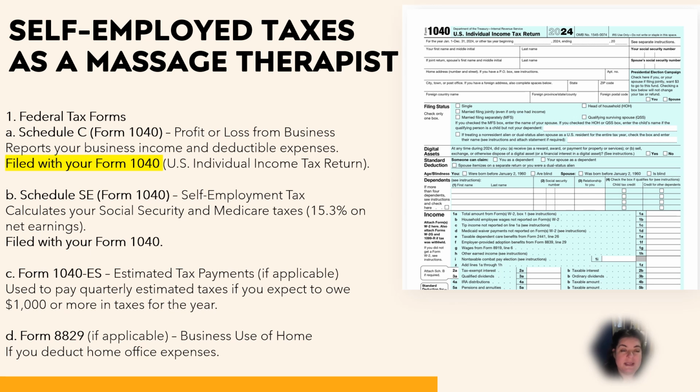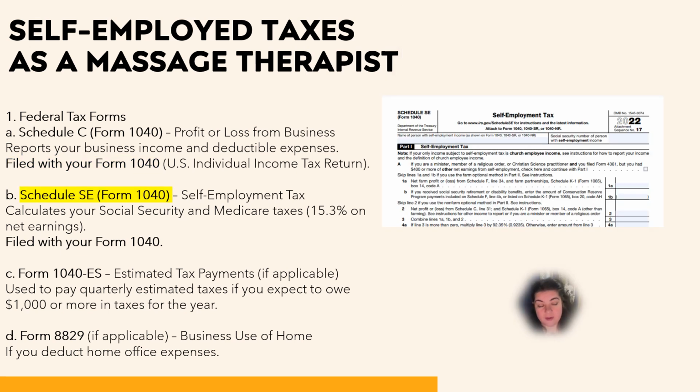You don't want to miss any of those deductible expenses that can be taken out of your income and therefore lowering the income that you pay taxes on. All right. Save yourself some money in the long run by making sure that you have qualified help transferring over all of the income data to this form.